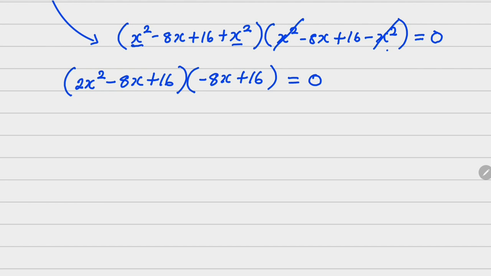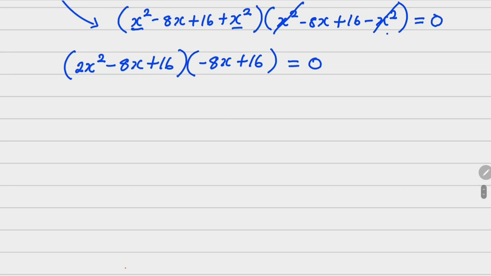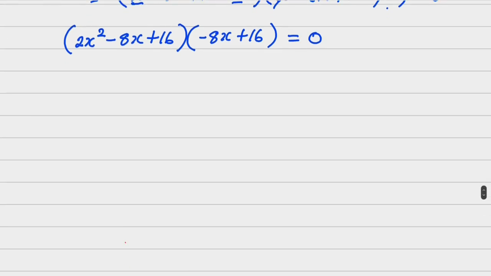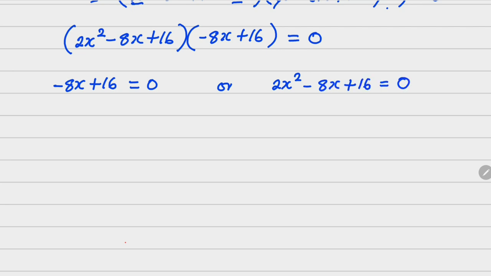Having this, it shows that one of the brackets must be equal to 0 for their product to be equal to 0. So it is either −8x + 16 = 0, or 2x² − 8x + 16 = 0.